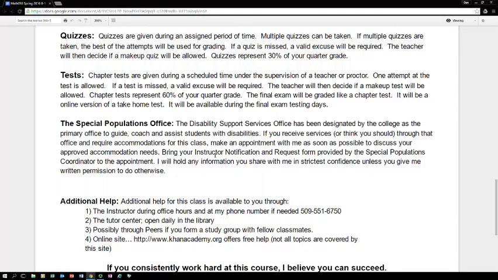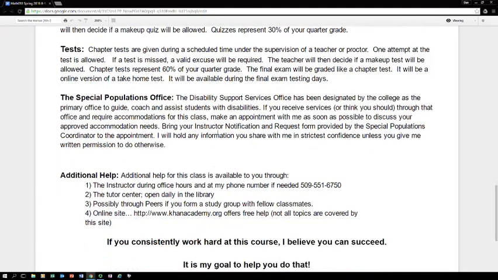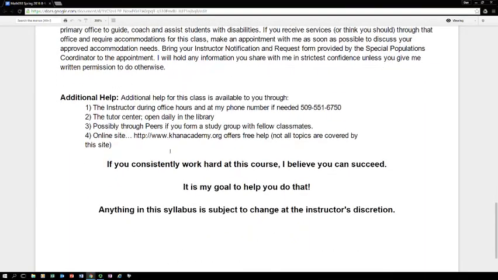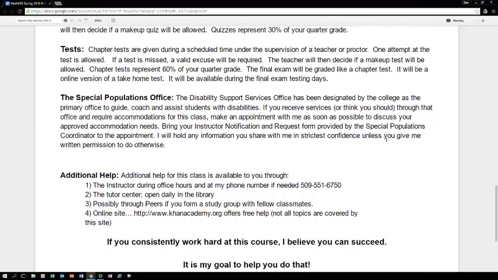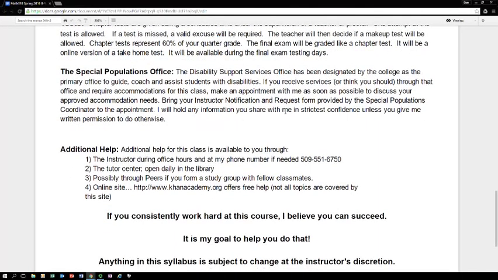There is a testing center on the first floor of Wenatchee Hall, and if you are qualified for extra services there, you can do that. It also makes available maybe some times outside of my normal hours to take a test or quiz.